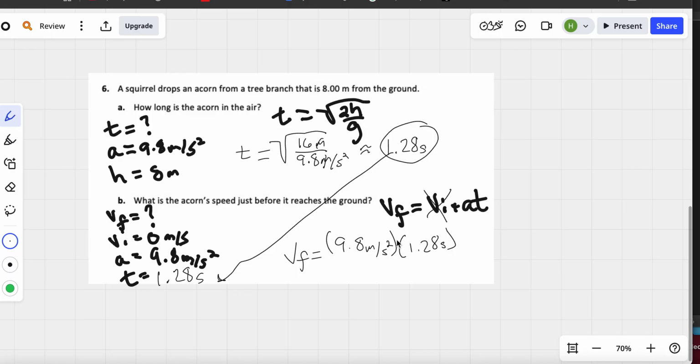Okay, so V final is just about 12.54 meters a second. Sorry, this second cancels out with one of those, by the way. Sorry, I got sidetracked there for a second.